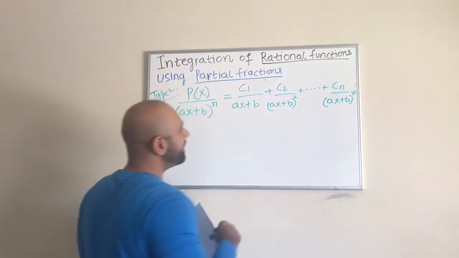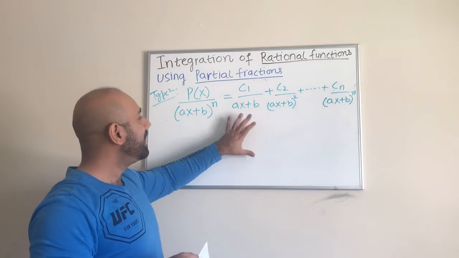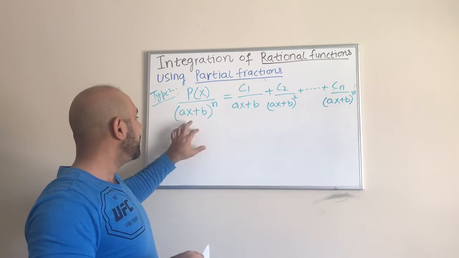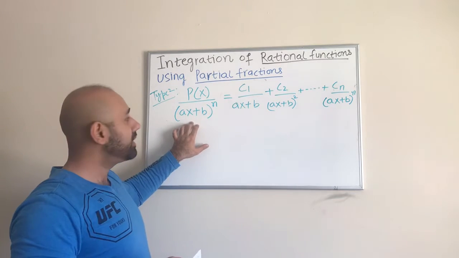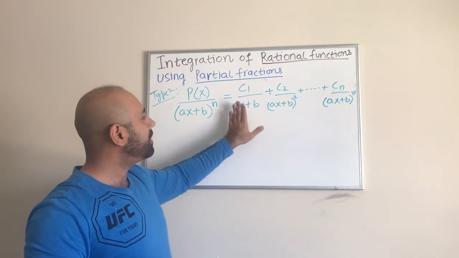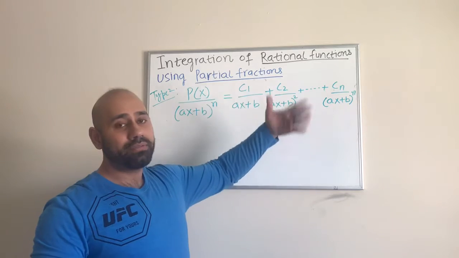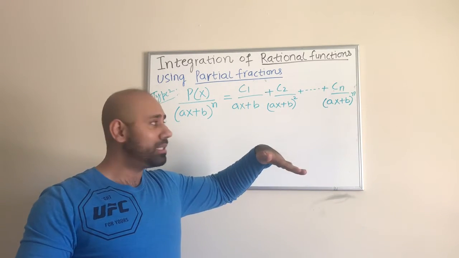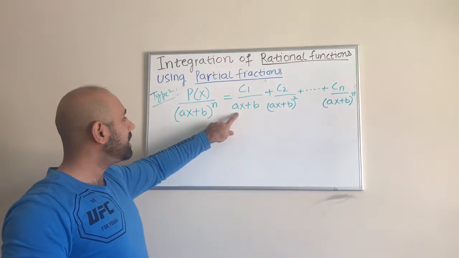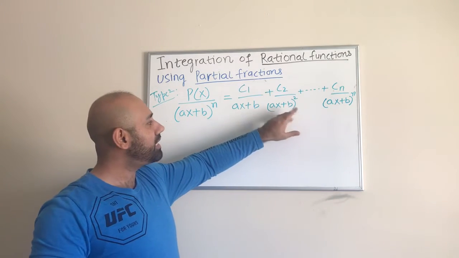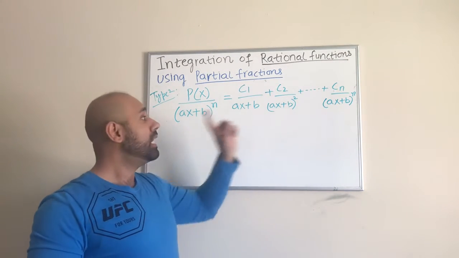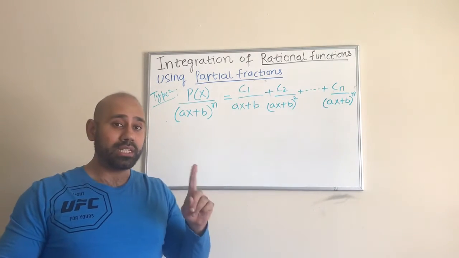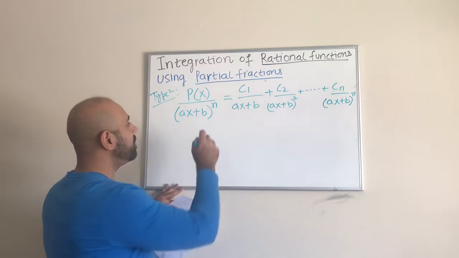So you can already see the difference between this one and type 1, where we had distinct linear factors, and we were able to break them as some of the rational functions, but all of them had linear factors in the denominator as well. Guys, here the first one is a linear factor, but then we have quadratic and it keeps on increasing. This should still satisfy two conditions. Guys, number one is the degree of the numerator.